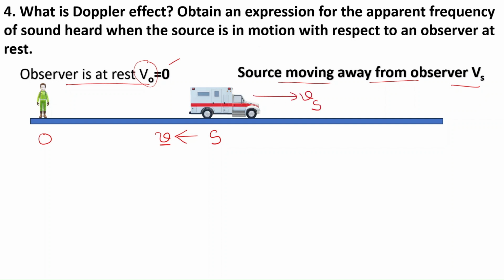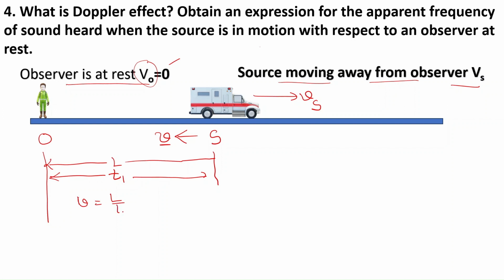Now see, from the observer, the initial state of the source is placed at a length L. Now when the source is at S position, the sound reaches the observer within time t1, then the velocity v is equal to length by time t1.